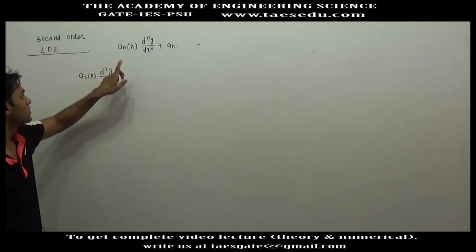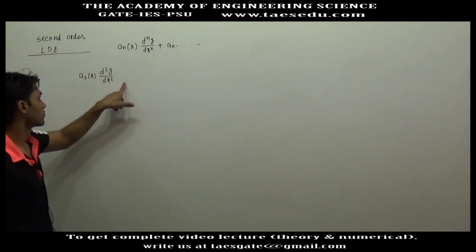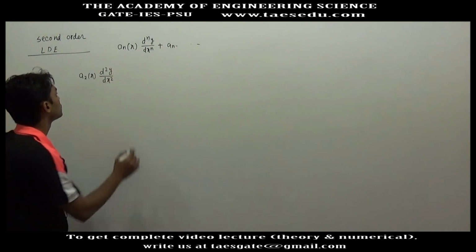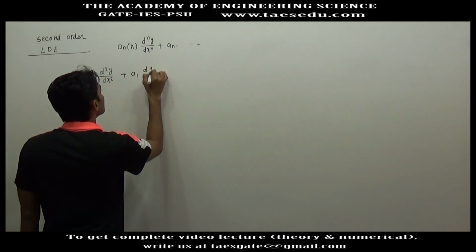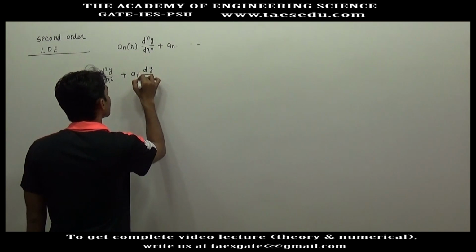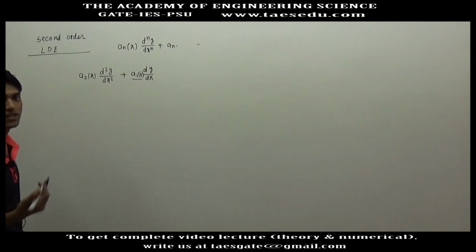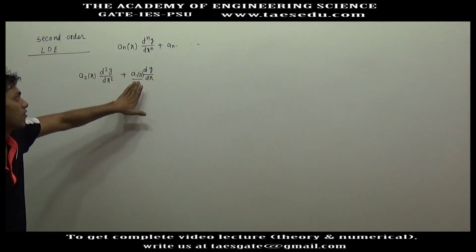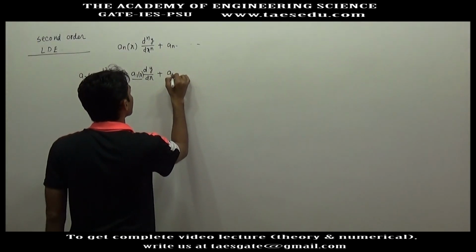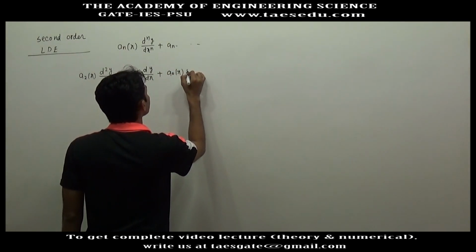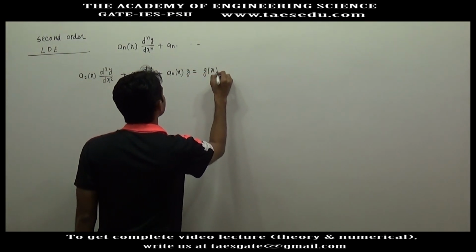We have to do it for second order, so n will be equal to 2, plus a1(x) dy by dx. a1(x) may be a function of x, linear or non-linear, or it may also be a constant function of x, plus a naught (x) y is equal to g(x).